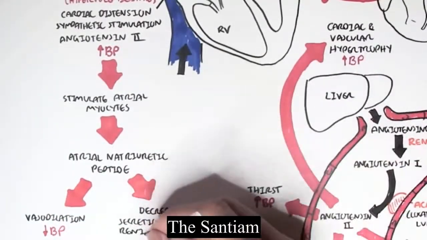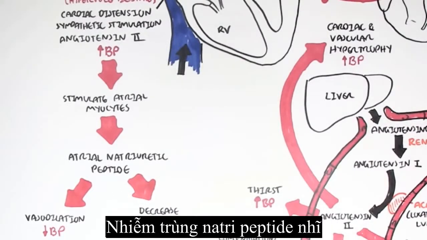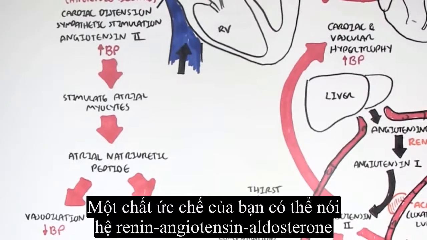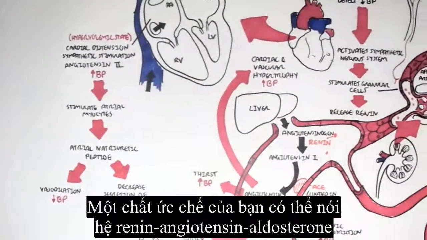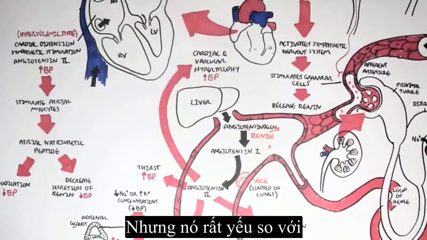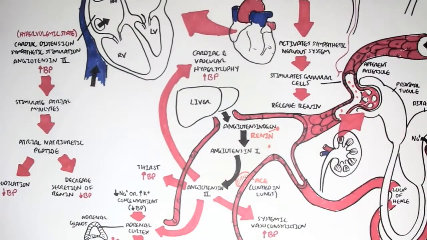Thus, atrial natriuretic peptide is an inhibitor of, you can say, the renin-angiotensin-aldosterone system. But it's very weak compared to the other hormones that increase blood pressure.